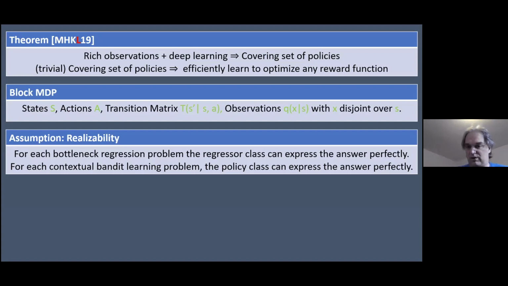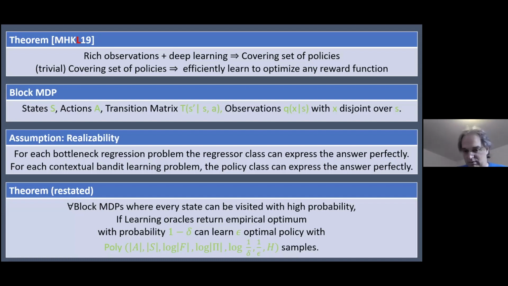So these are strong assumptions. Obviously, they're better met by richer function classes, but our results are going to degrade to some extent with the richness of the function class that we're working with. So given the realizability and given the block MDP assumption, we can state the theorem.